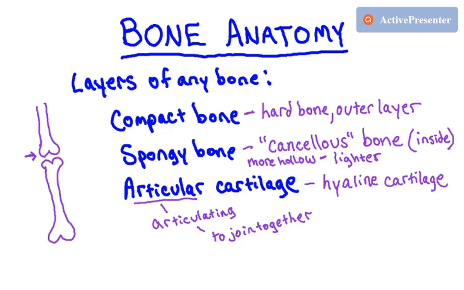So hyaline cartilage, or the articulating cartilage, is cartilage that just covers the ends of the bones where they meet up with other bones. So it provides sort of a padding or a cushion. And the articular cartilage is on both ends of the bones.